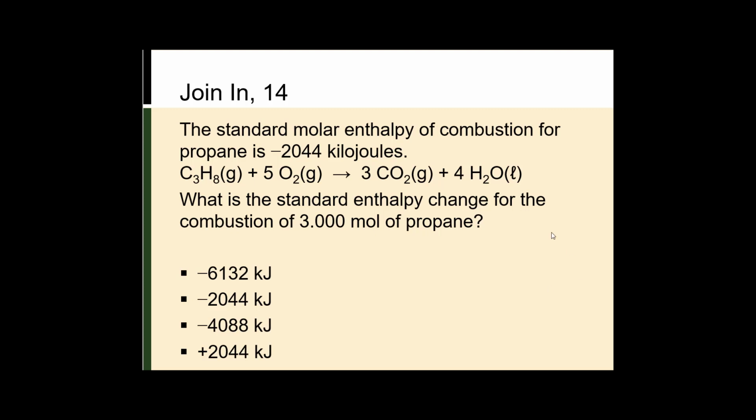Let's do a little bit more practice and see if you can find this out. So if we know that the standard molar enthalpy of combustion for propane, given this equation, is, so the delta H is negative 2,044 kilojoules, what is the standard enthalpy if I have 3 moles of propane?